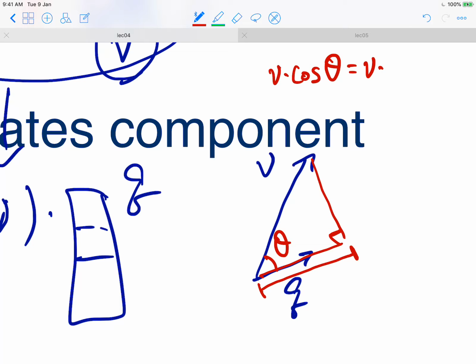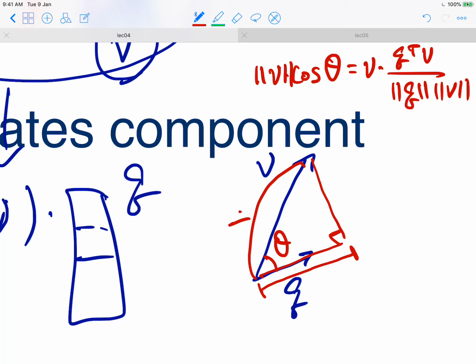Then it is Q transpose V, which is an inner product, divided by the norms of Q and V, right? So it should be V because the length of this line segment is V, right?